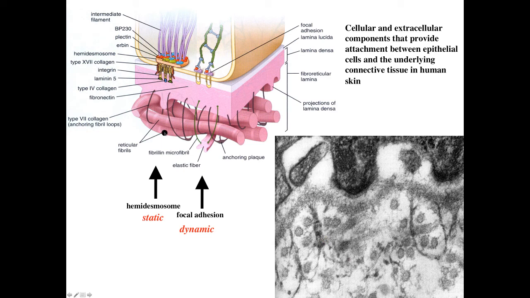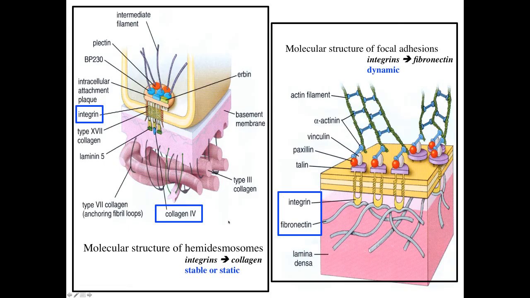The point I want to make is that the hemi-desmosomes, which would be structures shown here, form a very static and fixed attachment site because the hemi-desmosomes interact with intermediate filament proteins. This is keratin. The focal adhesions are forming a more dynamic interaction. Here we're showing, once again, the hemi-desmosome binding onto collagen, the integrin having a receptor for collagen.